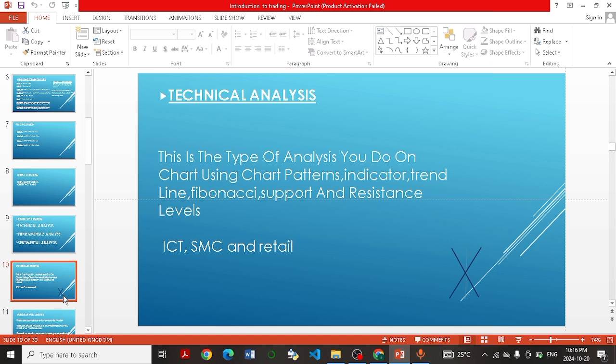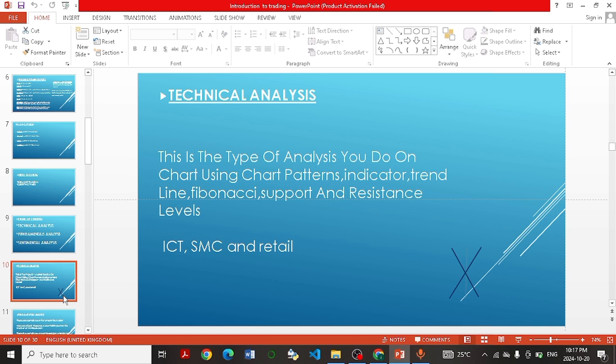But for now, this is a form of trading, and I just want you to understand that technical analysis is the analysis you do on the chart. This is like you analyzing the market by yourself, looking for reasons why you are going to buy, that is go long, or sell, that is go short, on any particular pair you are analyzing. So that is technical analysis.